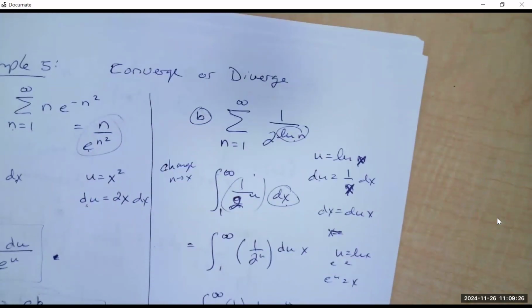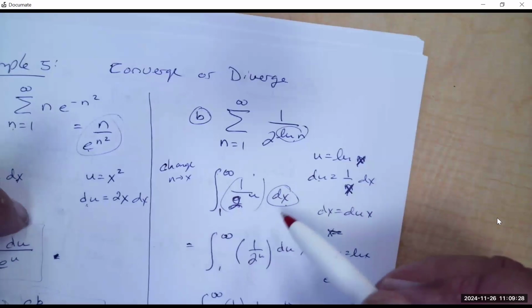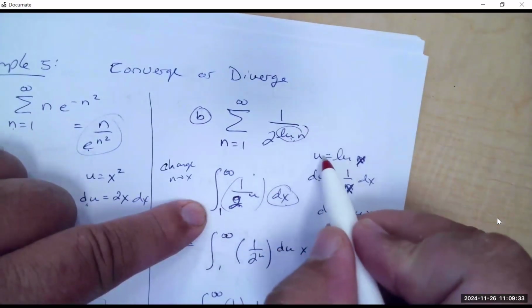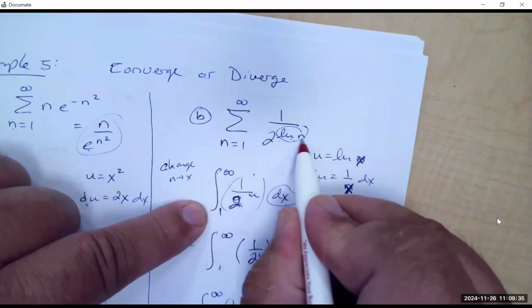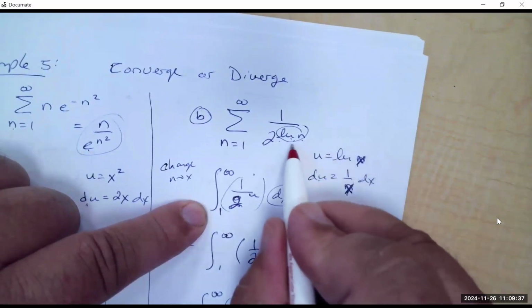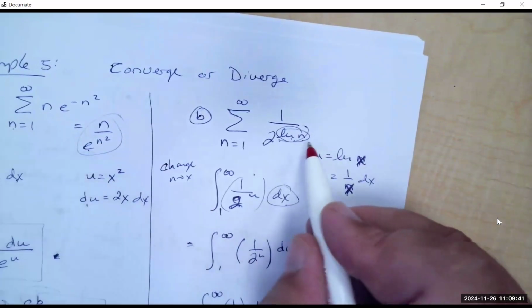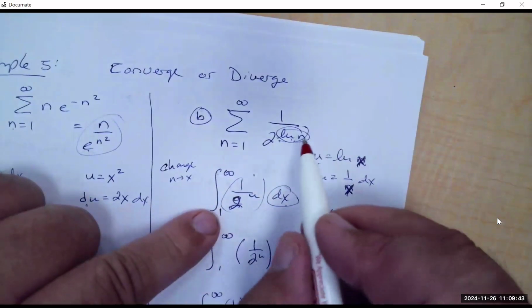Okay, now here's the part I forgot. When you change it from this to this, we converted that so it's ln x, so u is equal to ln x.